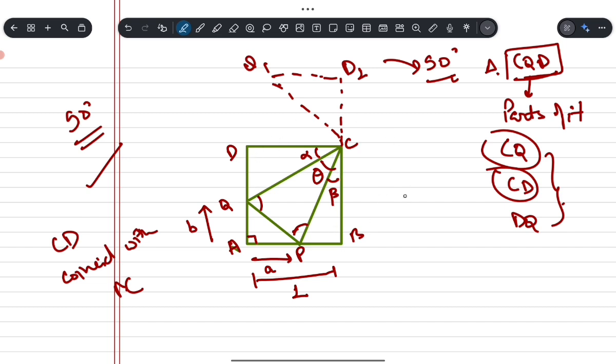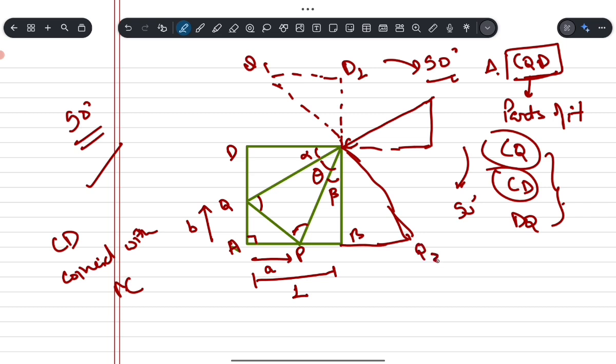We have to turn this whole thing and bring it here. So once again by 90 degrees, we'll have something like this. Perfect. And once again, if we do 90 degrees, we'll have this diagram. So this is what we need. This is the final position of Q, Q3, and D came here, coincided with B.